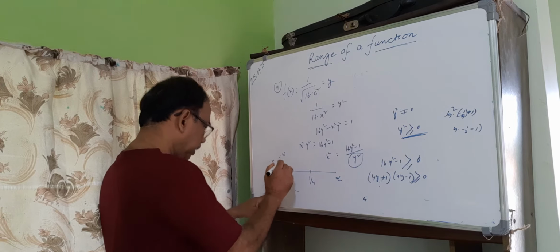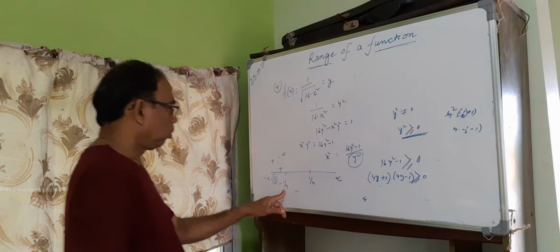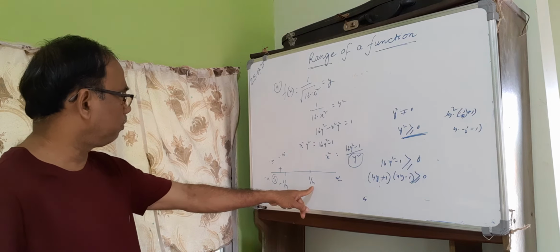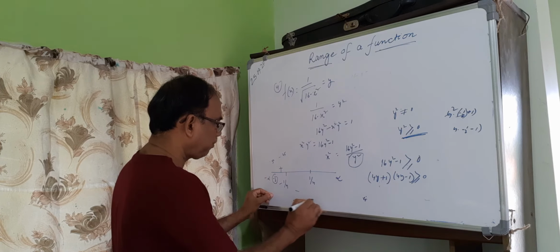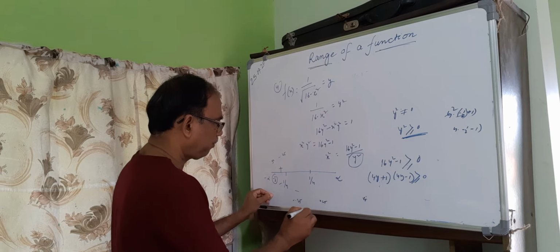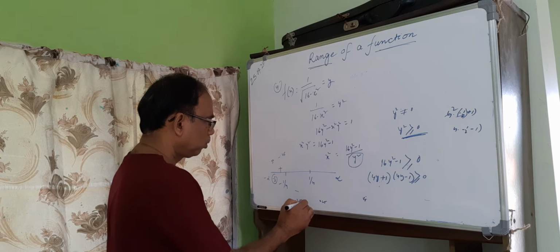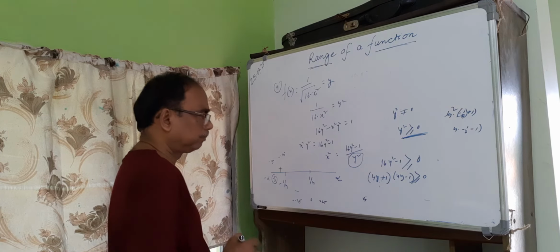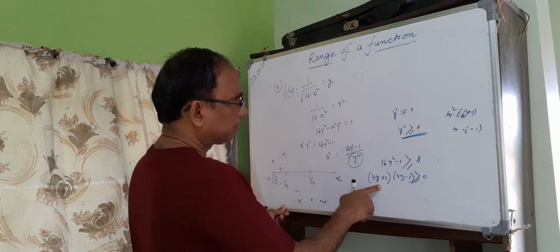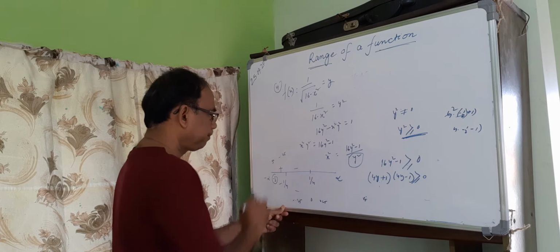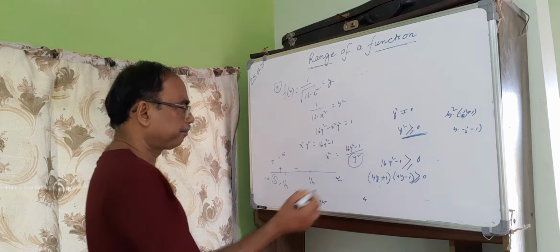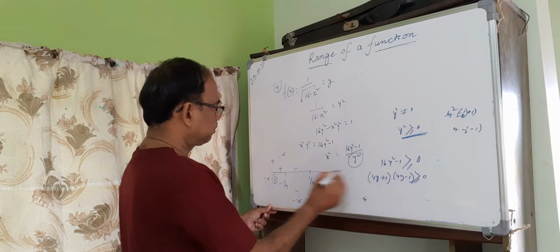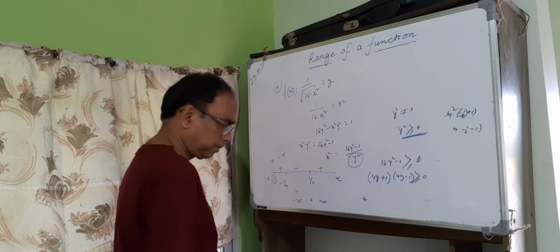This will come positive. Then minus 1 by 4 to 1 by 4, that is minus 0.25 to 0.25. Within this interval, we can take 0. So this is positive, this is negative, this will be negative. And 1 by 4 to infinity, take suppose 1. This is positive, that is positive.